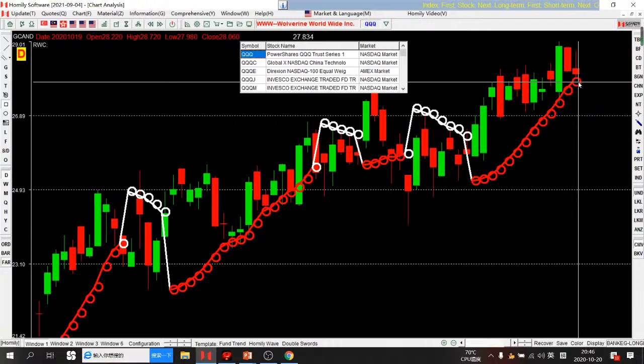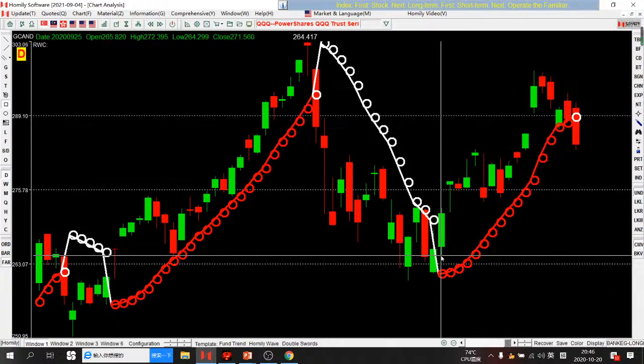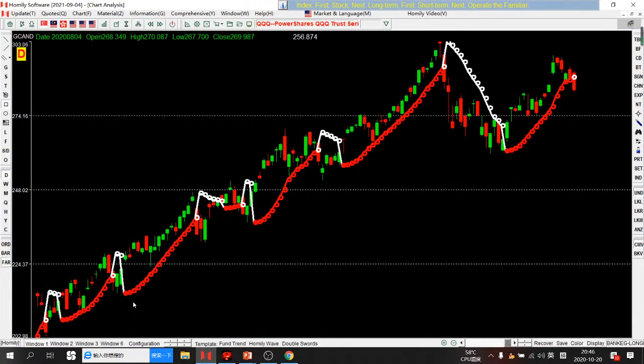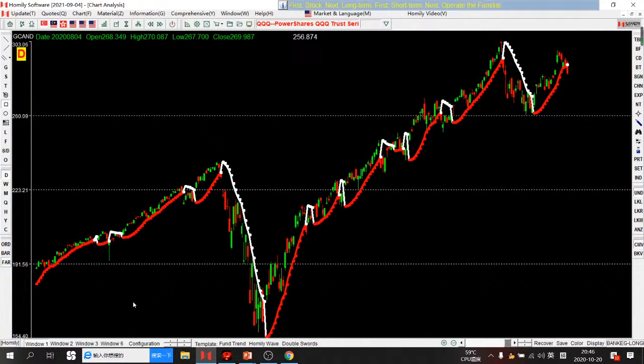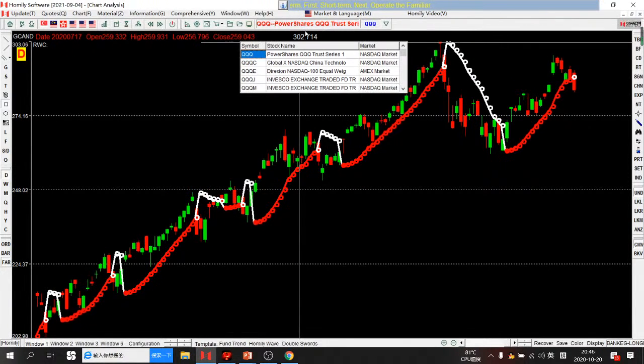QQQ. All right. QQQ, triple Q. You can see the share generally is in an uptrend. This is not a stock. It's a trust.